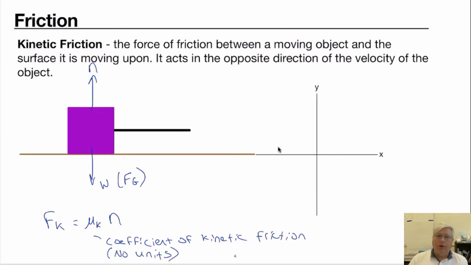And for the most part, you usually will see a decimal. What I mean by a decimal is that the coefficient mu k is typically greater than 0 but less than 1. There are some weird situations where it does get above 1, but for the most part, and for what we're going to learn and deal with in this course, it's going to be somewhere between 0 and 1.0.